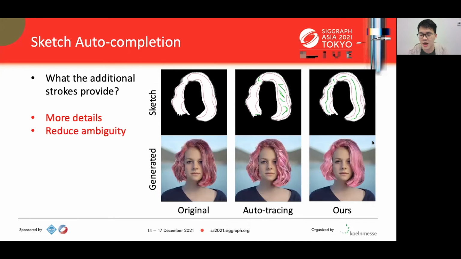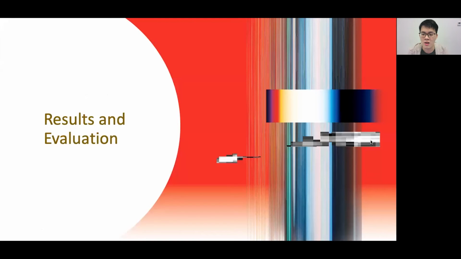Besides, we find the sparse input will cause appearance ambiguity for S2I net in large hair regions, while the additional strokes help produce more consistent appearance with the input color. We also compare our results with the auto-tracing based method to show the superiority of our method. Now, let's show our results and evaluation.